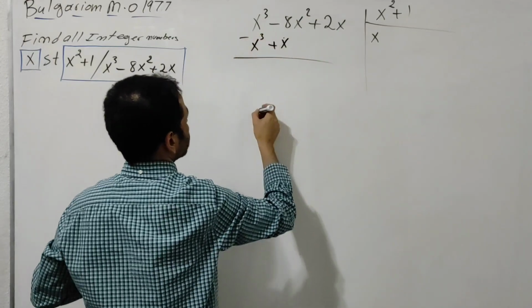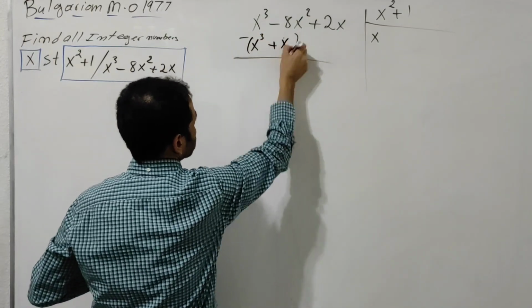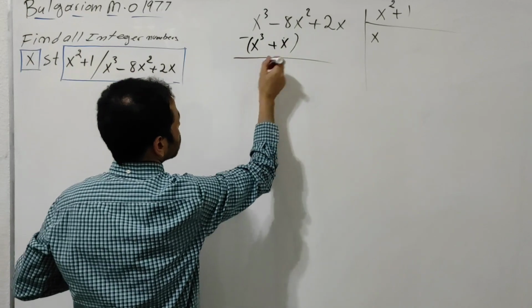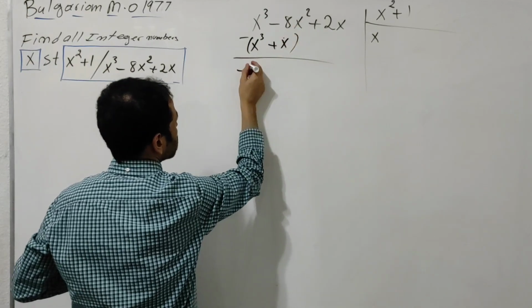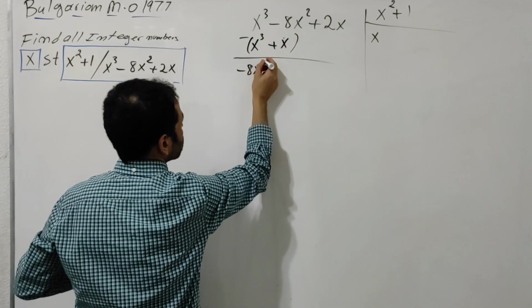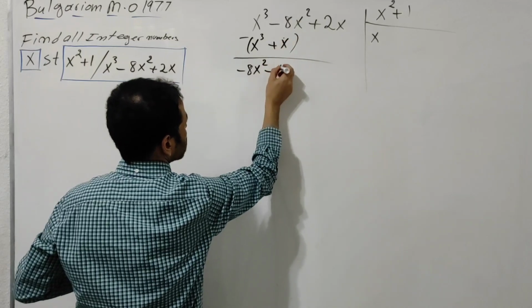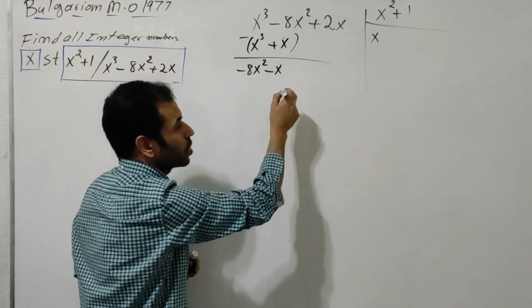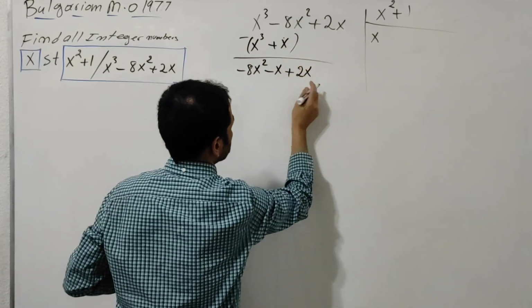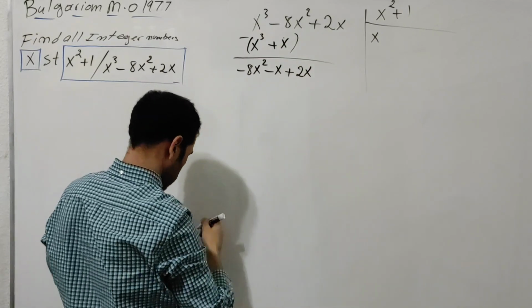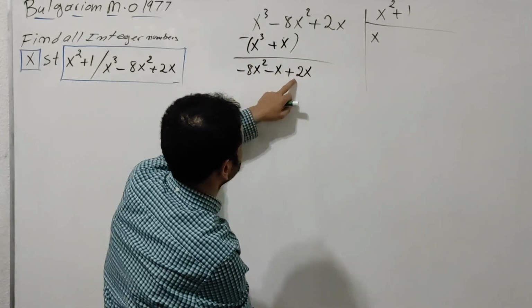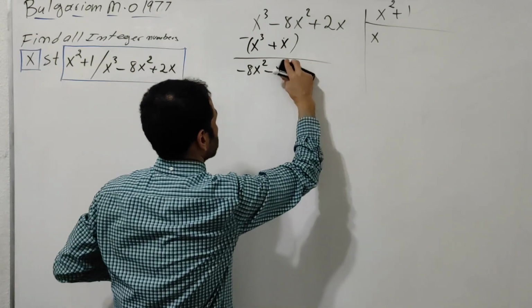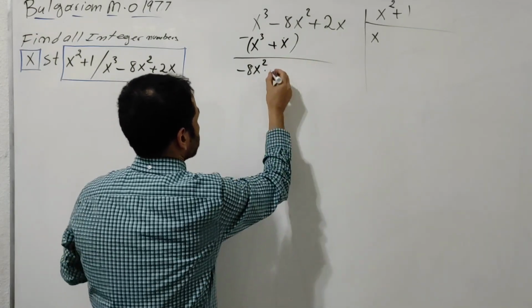Now I'm going to take the difference of these terms. This one is 0, and this one gives minus 8x squared minus x. I'm going to bring down the plus 2x. Minus x plus 2x gives x.